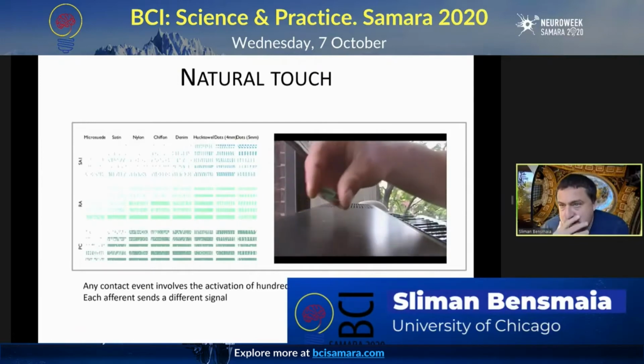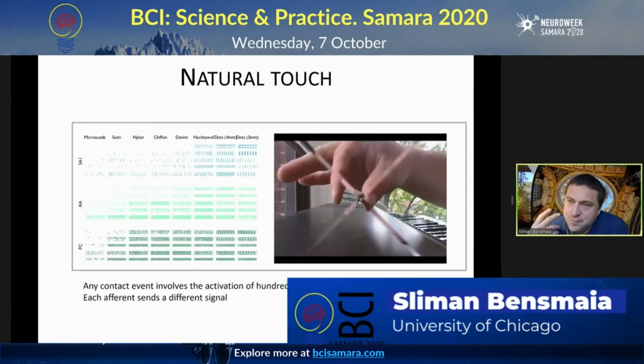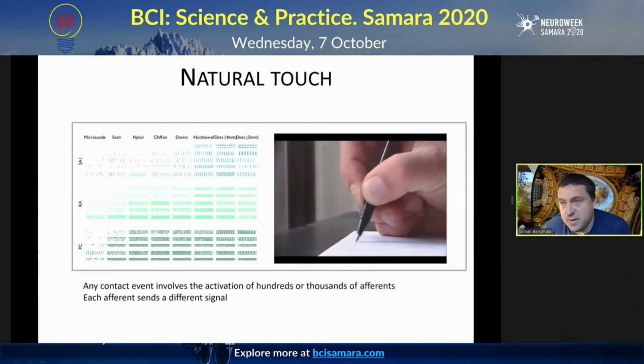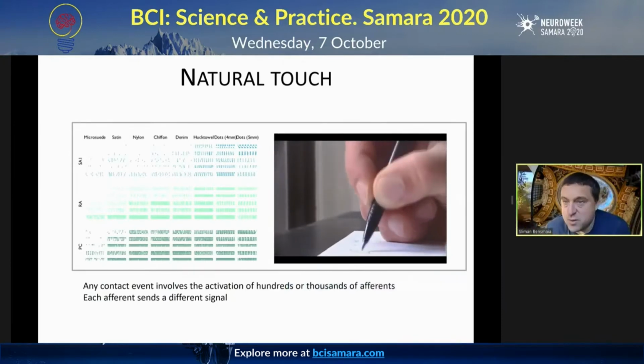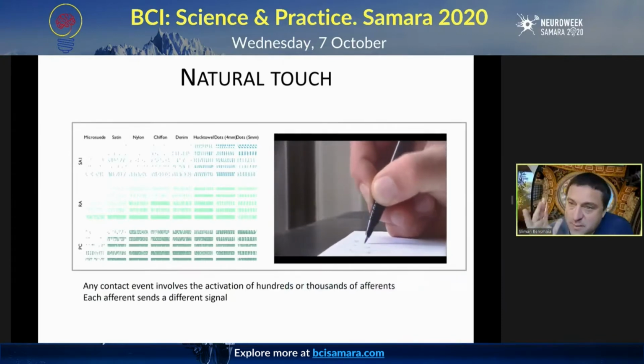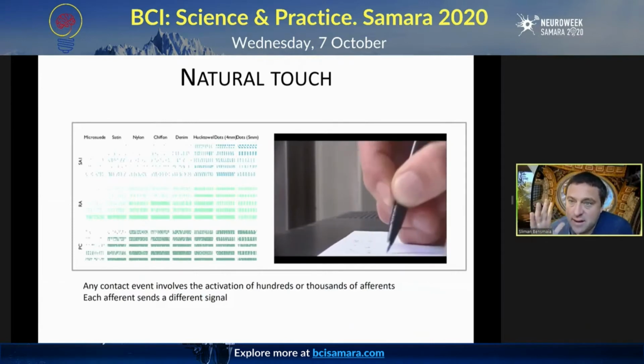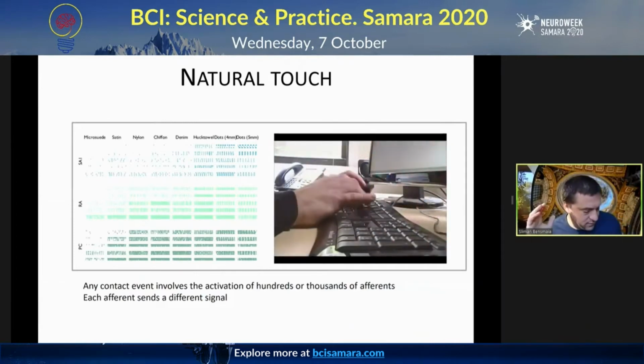So first, before I do, let's think about what the neural correlates of natural touch are. What happens when you're actually interacting with objects? Well, you have something like 12,000 nerve fibers that innervate the surface of the hand.